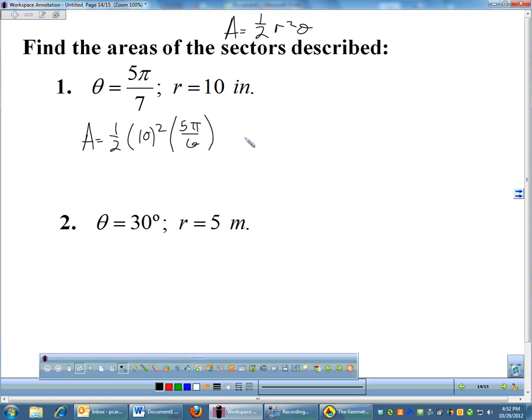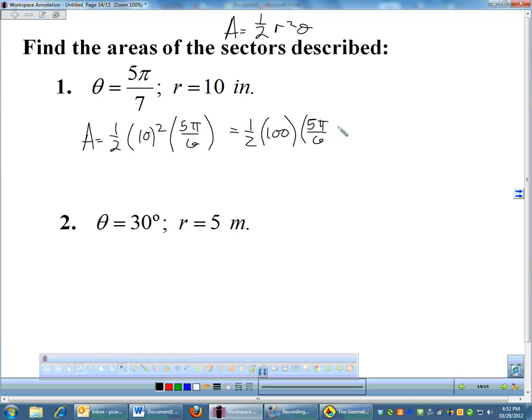And then we clean that up. 10 squared is 100, so that's 1/2 times 100 times 5 pi over 6. And we will clean that up some more. Half of 100 is 50. So 50 times 5 pi over 6.